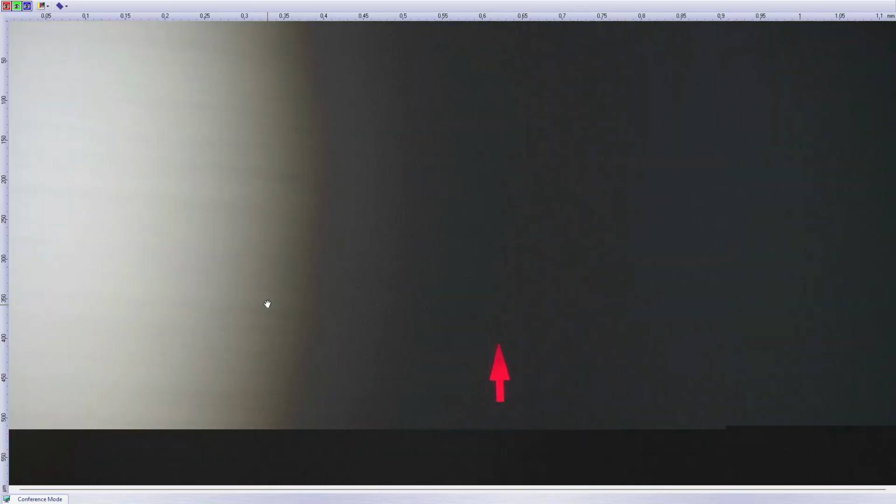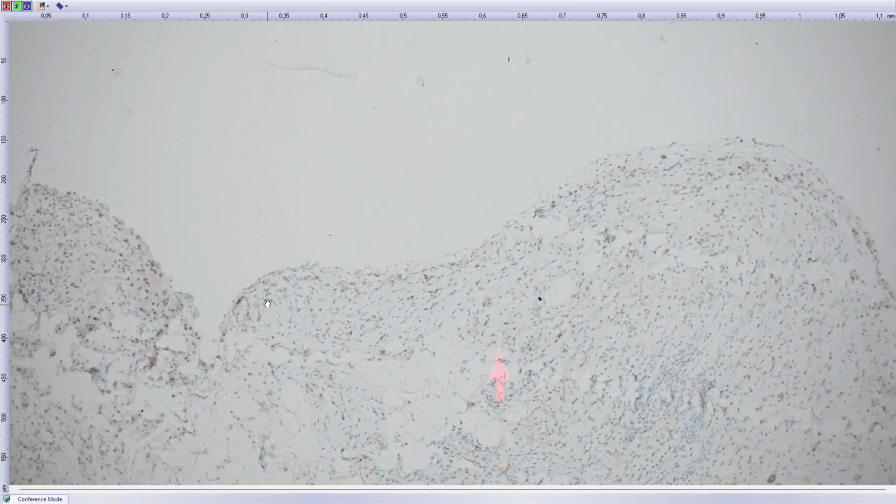I prefer PU.1 because it's a nuclear marker. It doesn't look great in this case, but there is nuclear positivity, relatively weak, but it's there. Oh yeah, that's another slide with PU.1, much better.